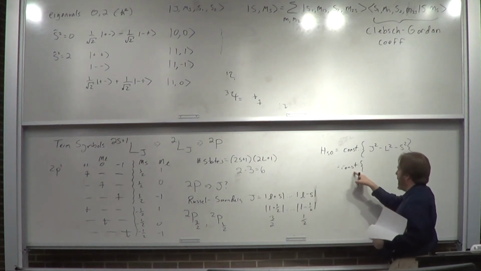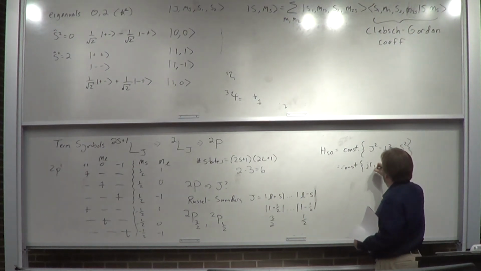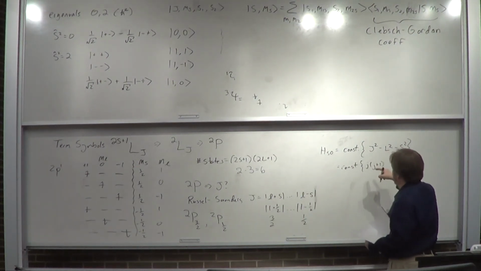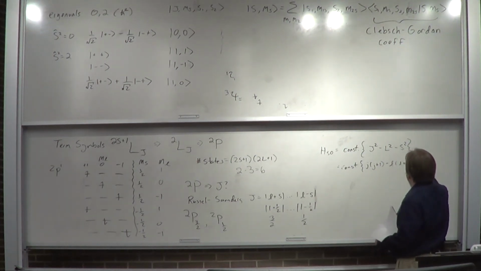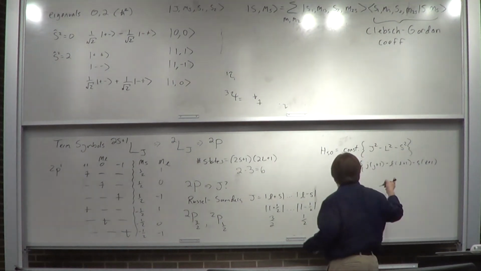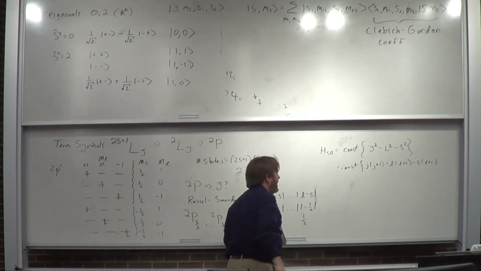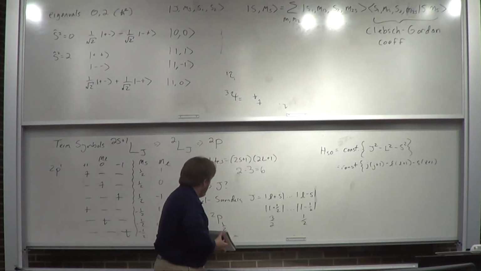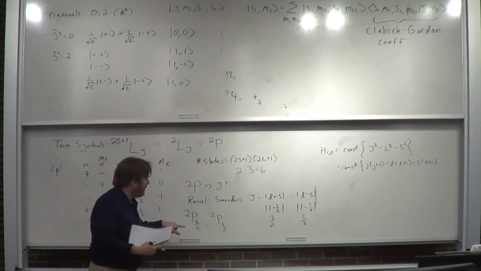Okay, so this is a constant. Again, it's traditionally called A. J times J plus 1, sorry, maybe I should be using capital, minus L times L plus 1, minus S times S plus 1. Okay, it's not hard to see that both these terms have the same L of 1.